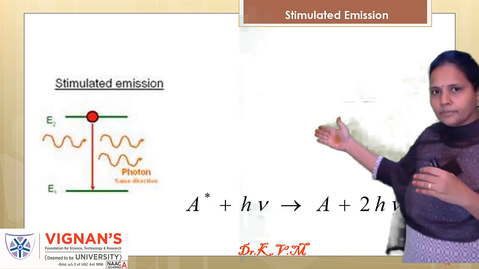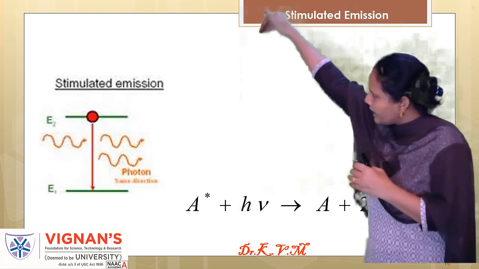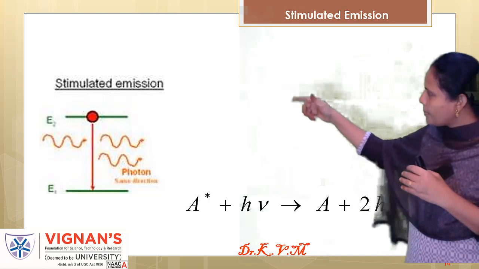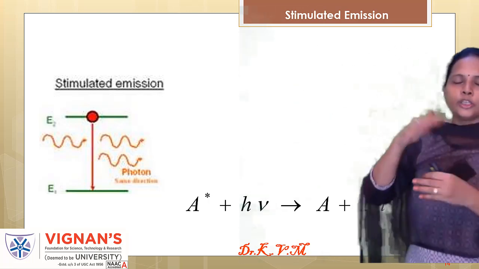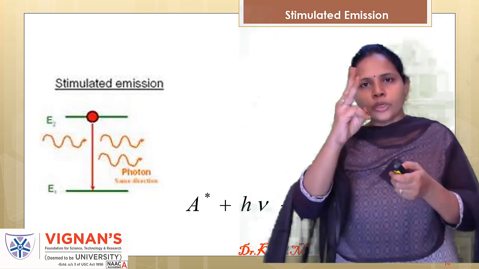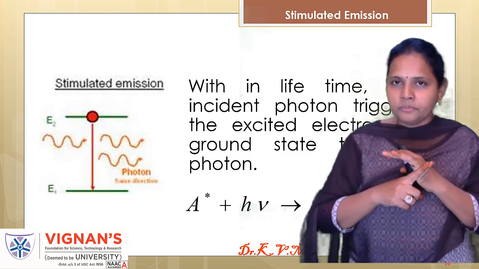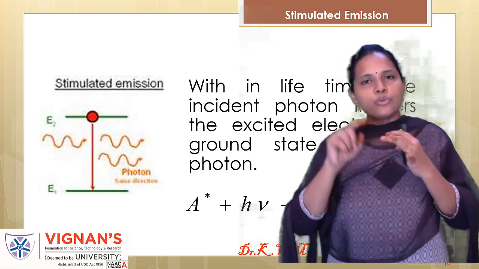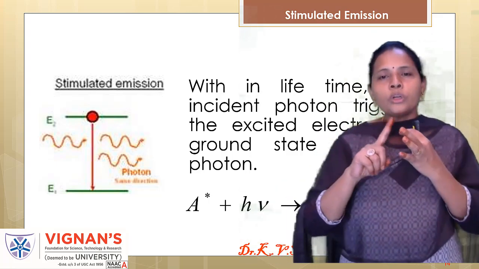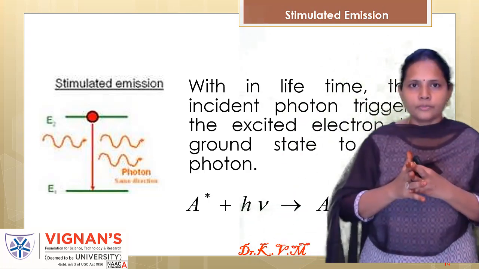Mathematically, you can represent A star, that is the atom in the excited state. You are giving energy plus h nu, which gives rise to A plus 2h nu. That 2h nu is the emitted coherent photon. The important words here are that the process is within lifetime, you need to supply the energy within its lifetime, and the emitted photons in this process are coherent.